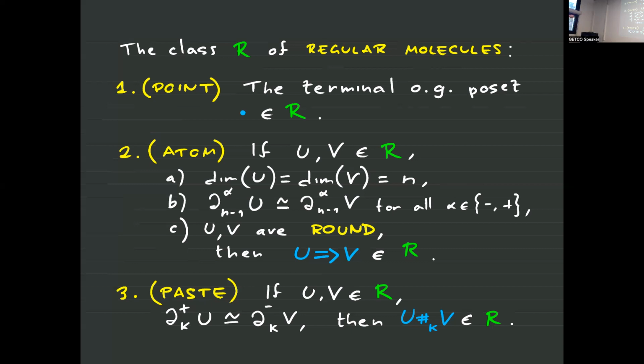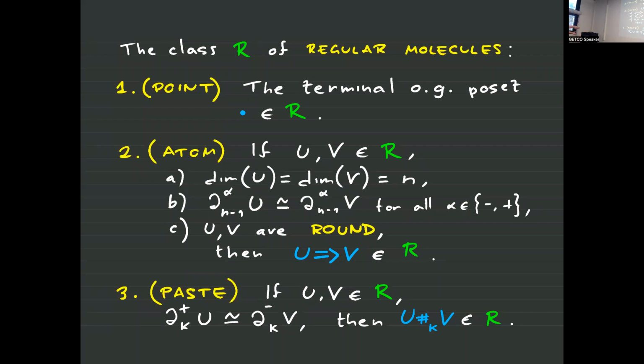This is telling us that we have two regular molecules of the same dimension, such that their codimension 1 boundaries, both input and output, are isomorphic. And in addition, they have to be round. I'm going to define what round means later, but basically roundness is the missing piece of two regular molecules to give you actually a directed n-ball.